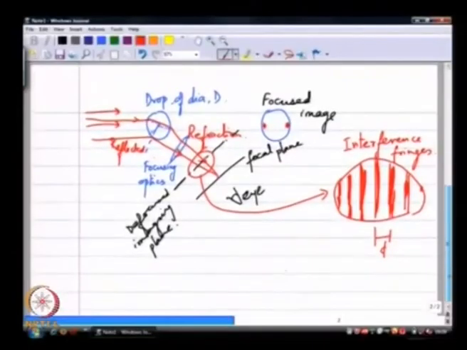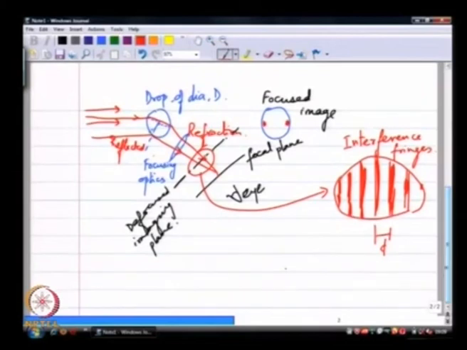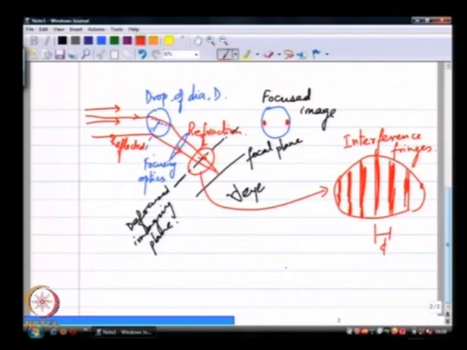So, it is actually very rich in information, this fringe pattern. We will see how to take advantage of it a little later. So, let us see how I practice this. This is the basic principle of operation of this LIDS, laser interferometric droplet sizing.